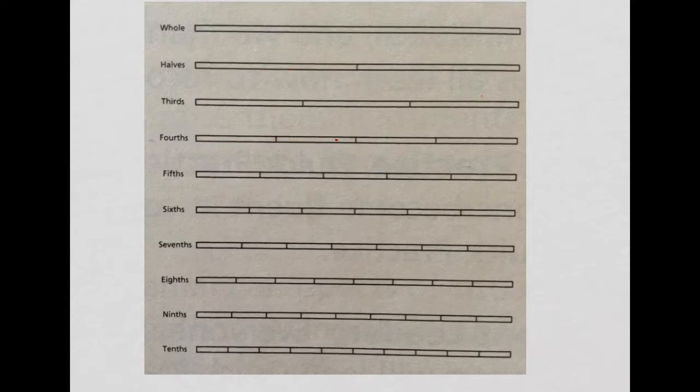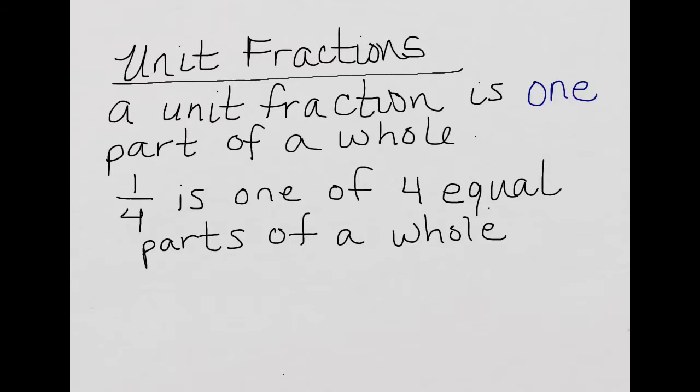And we will move on here to unit fractions. A unit fraction is one part of a whole. 1/4 is one part of a whole. So 1/4 is one of 4 equal parts of a whole. It's always important to remember when we look at a unit fraction that the numerator is always going to be 1.